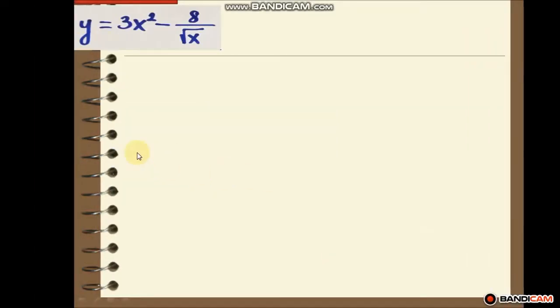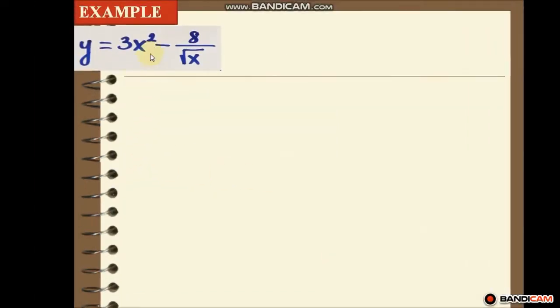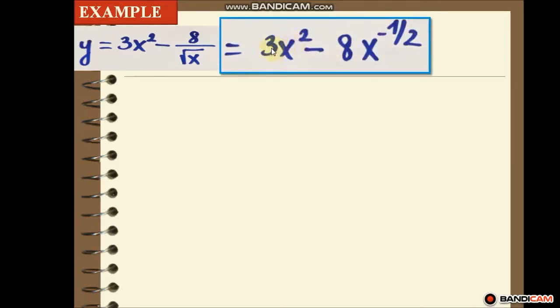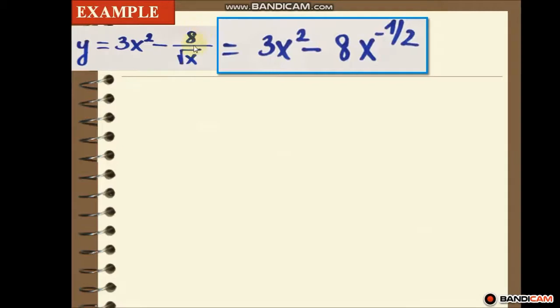Next example, y = 3x^2 - 8/√x. Our given is in ratio form, that's why we also simplify. This one will be 3x^2 - 8x^(-1/2), because 1/√x means x to the power of minus 1/2. And from this one, take the first derivative.